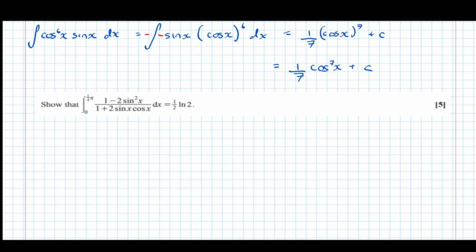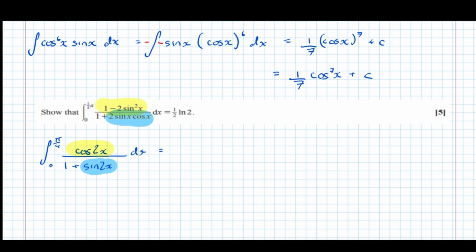With this, the key is knowing your trig identities, spotting that the numerator of the integral between pi over 4 and 0 is actually cos of 2x, and that the denominator, 2 sin x cos x, is sin 2x. So you've just got to know that that there is the equivalent of that, and that there is the equivalent of that.